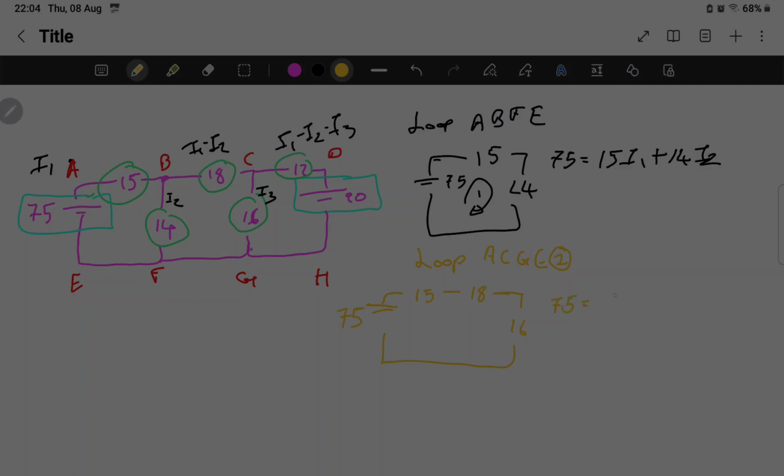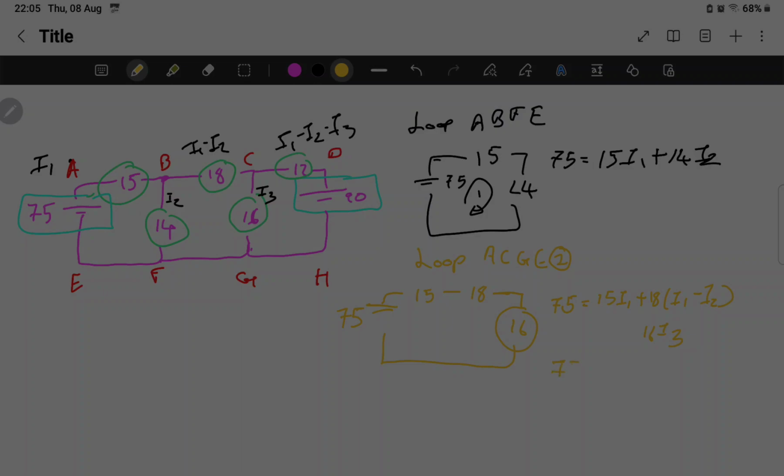And then our answer here will be 75 equals 15 I1, then we have a positive 18 (I1 minus I2), and then we have our next resistor. Next resistor is a 16, so it will be our 16 I3. So now let's simplify this.